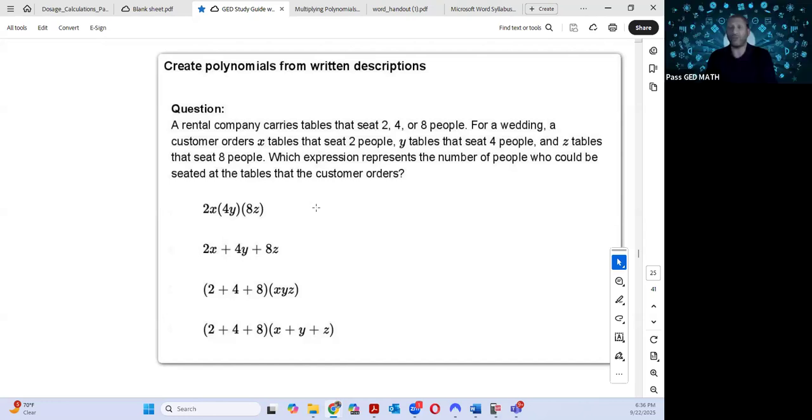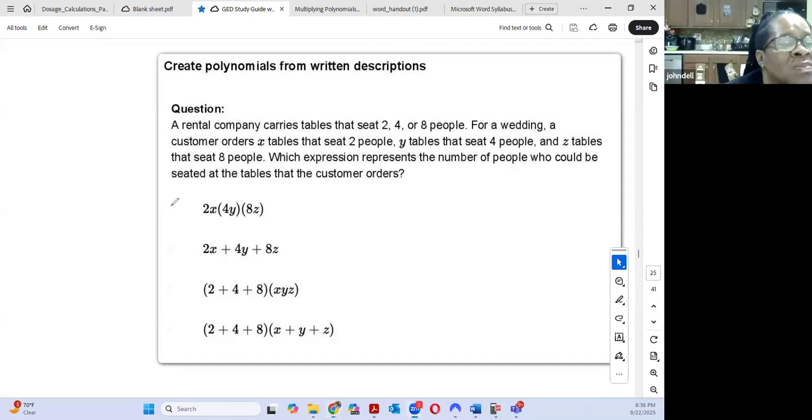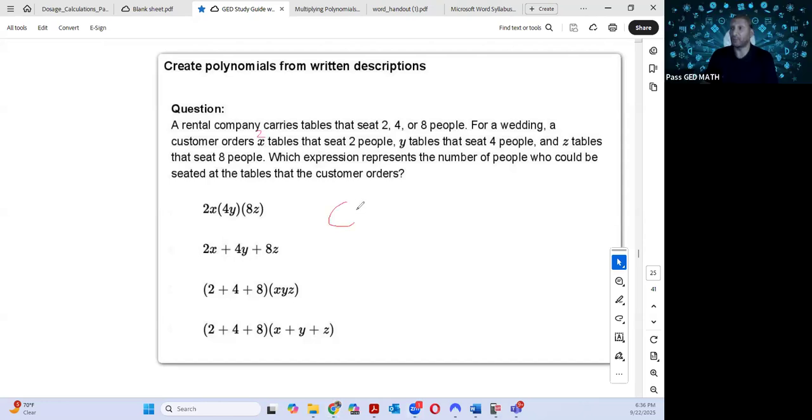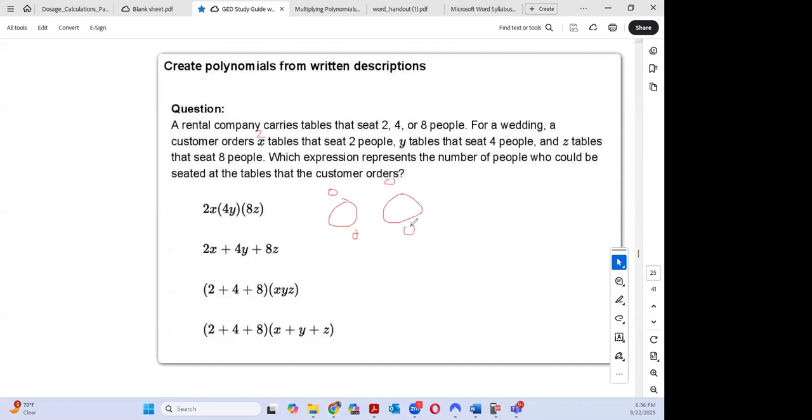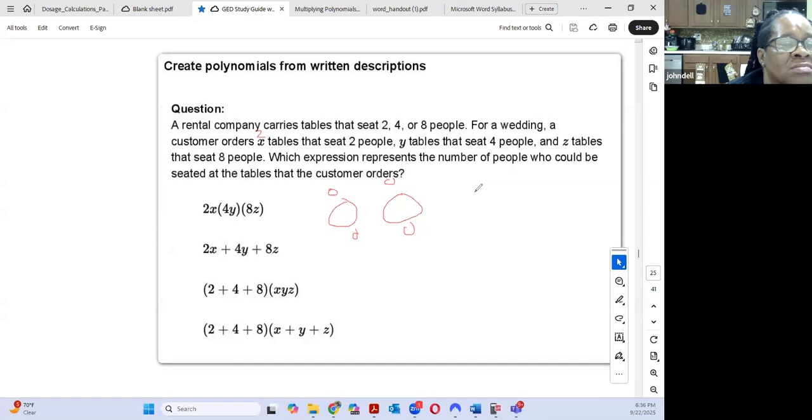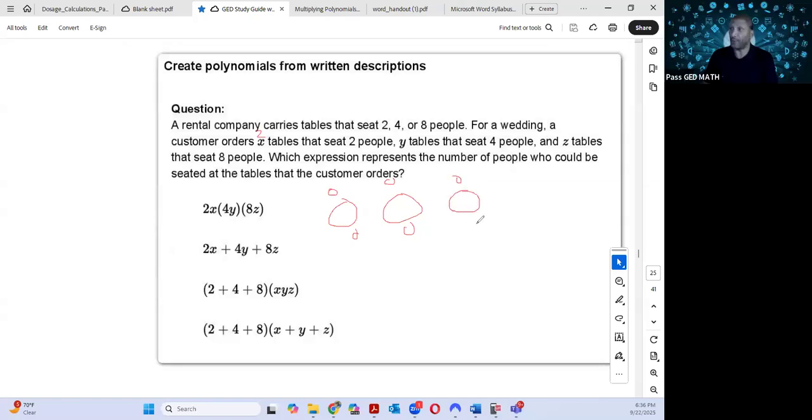You're not getting yourself flustered. If you don't know, put numbers there. I got 2 tables with 2 people. How many people do I got? 4. If I got 3 tables with 2 people, how many people do I have? 6.